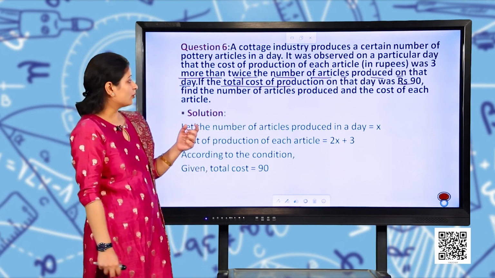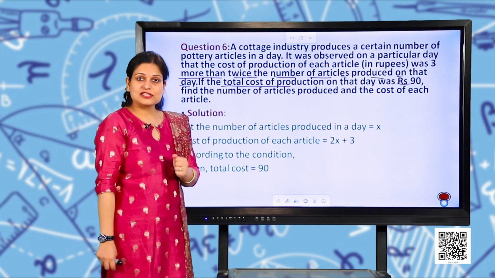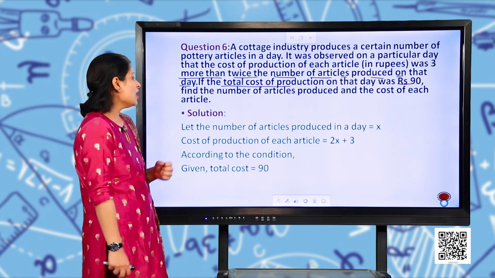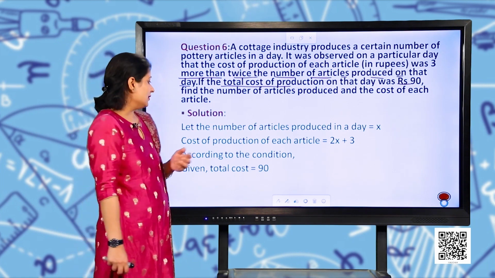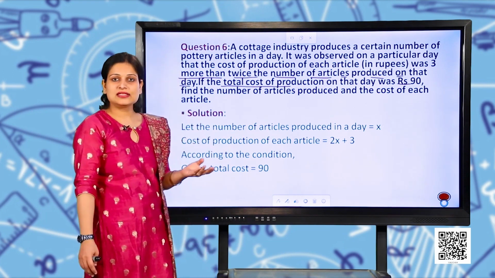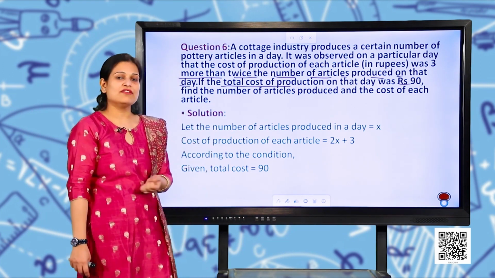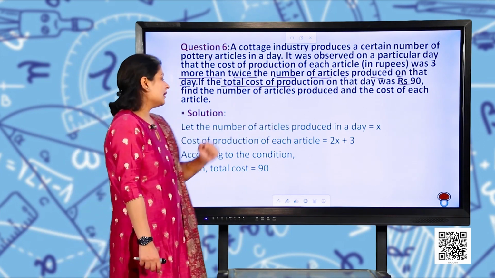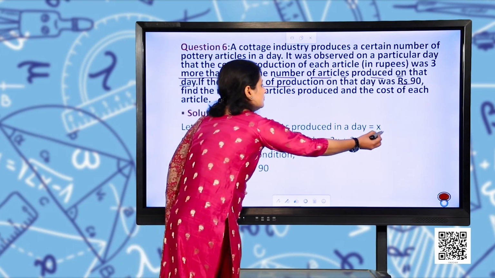So, we need to calculate the number of articles produced and the cost of each article. Let us consider the number of articles produced in a day is equal to x. You can take any variable, you can take y as well. So, we have taken it as x.